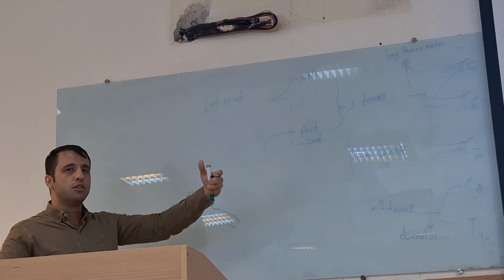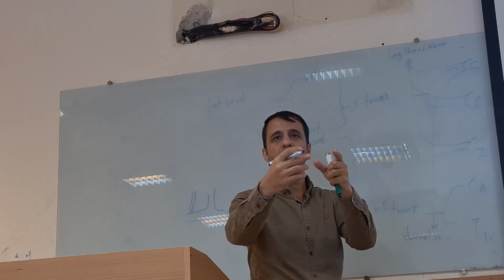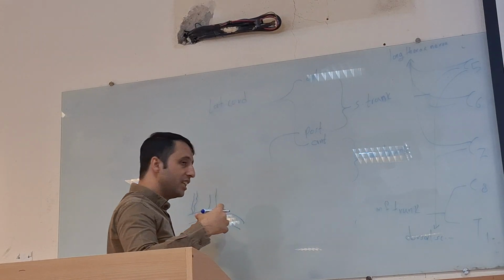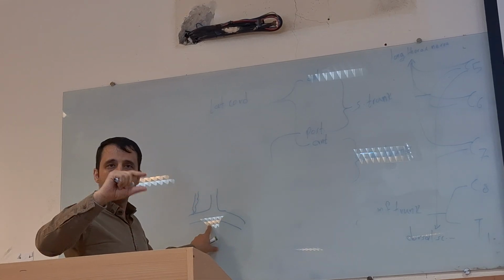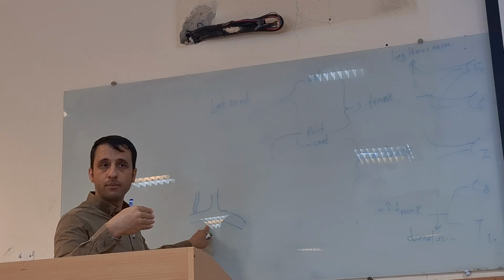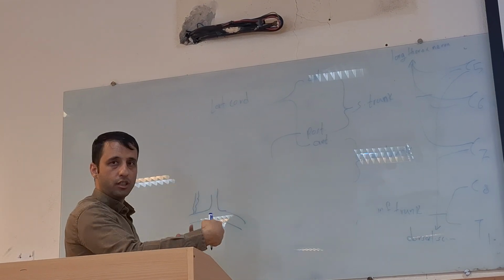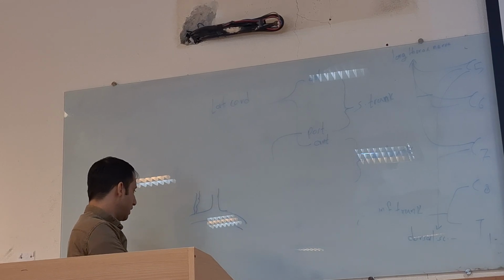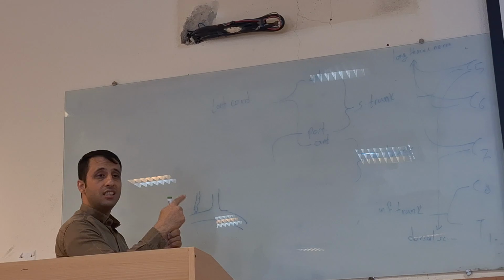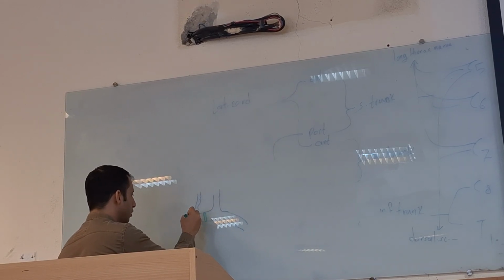Subclavian steal syndrome means that the blood is stolen from another part. For example, if I have narrowing or obstruction of the subclavian artery on the right side, it steals the blood from the left side. So my question is: does this syndrome occur if I have obstruction at this level or at this level?